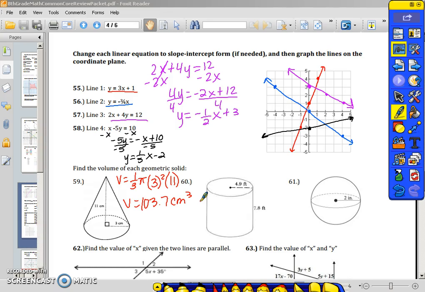For number 60, that is a cylinder. So volume equals pi times the radius, 4.9, squared, times the height, 7.8. When I plug that into the calculator, I get volume is 588 4/10 cubic feet.